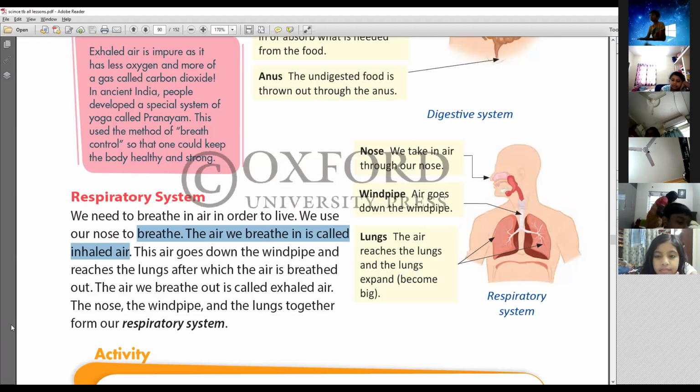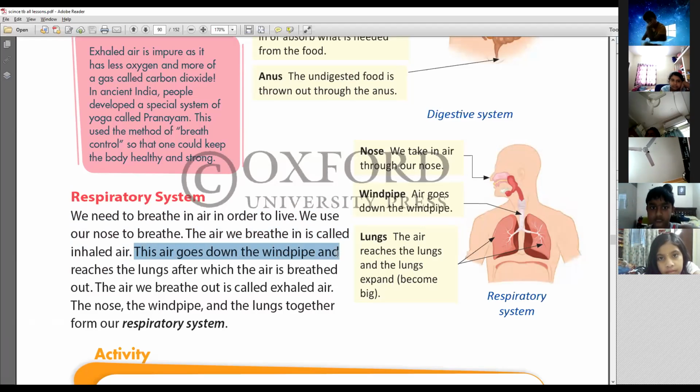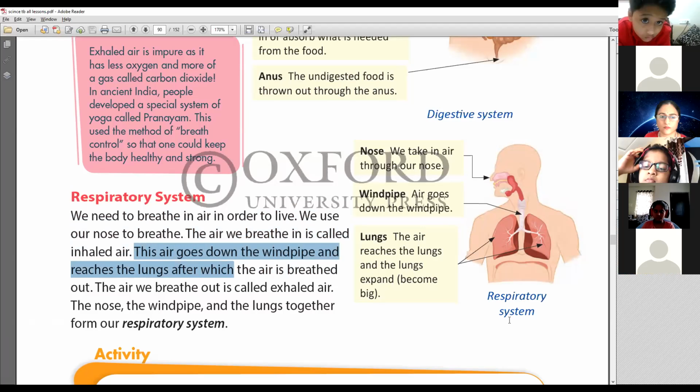I always use inhale, exhale. So inhaled air. Ma'am, in school we were using. Yeah. The air goes down and down. See, read, focus on the words and read properly. Don't read extra words or skip existing words. Read correctly.